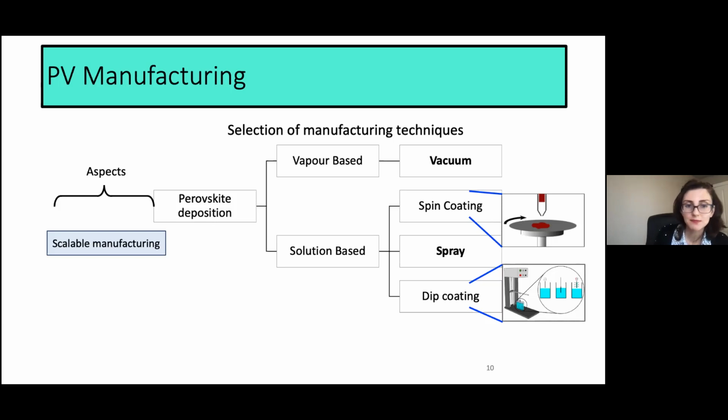So we have chosen spray deposition techniques for perovskite manufacturing. Spraying versus printing techniques are basically the same from an environmental impact assessment perspective.